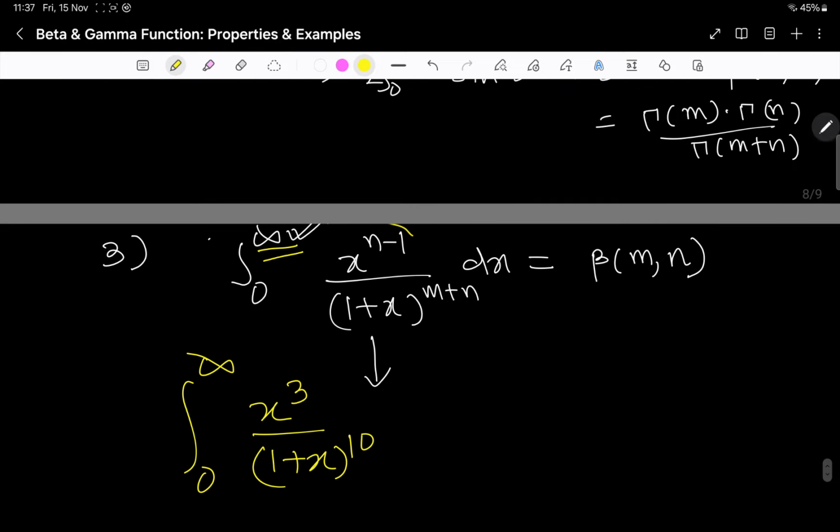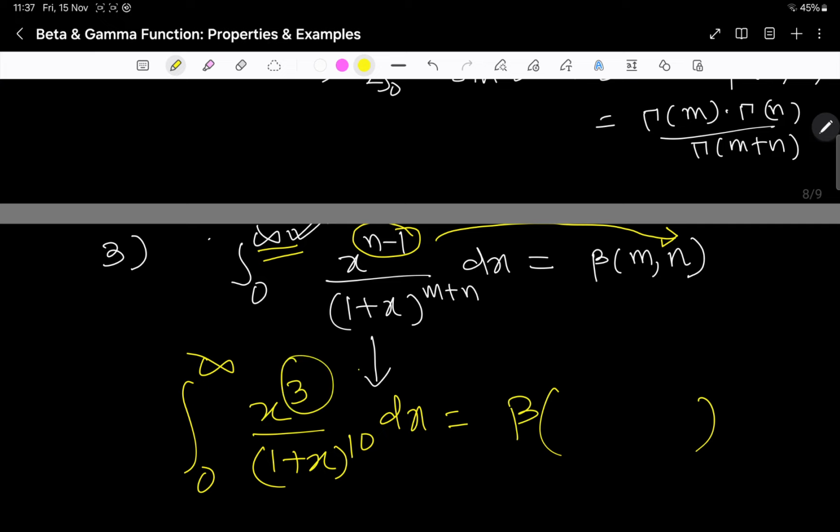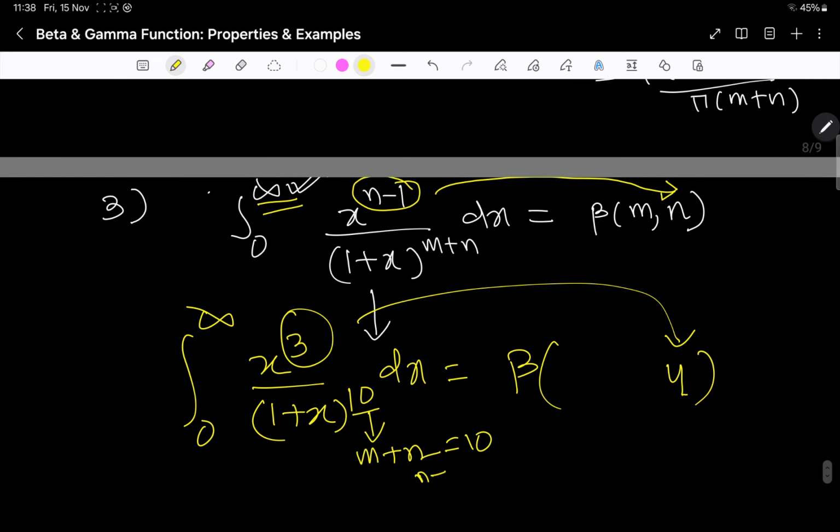So the same thing: this n is increased by 1, so this will be beta of 3, and this will be 4. Now m plus n is 10, and n is 4, so what is m now? m is equal to 6. So this is equal to beta 6, 4, is it not?